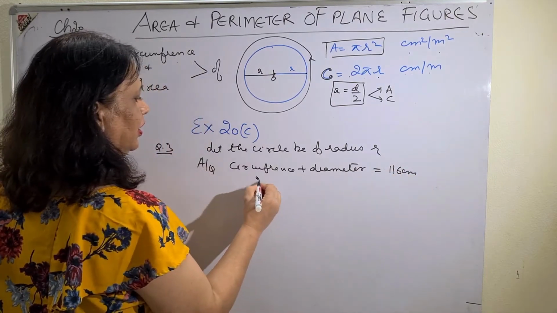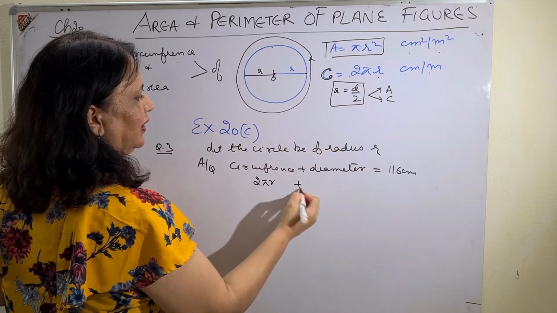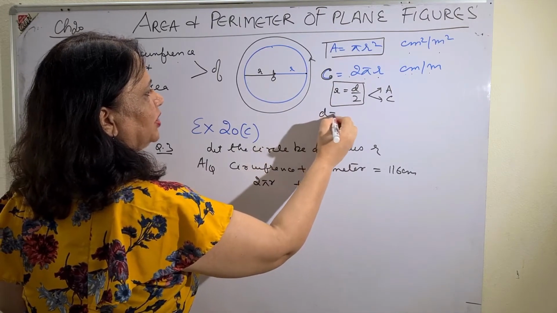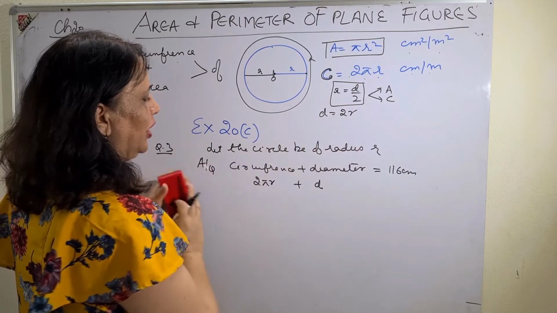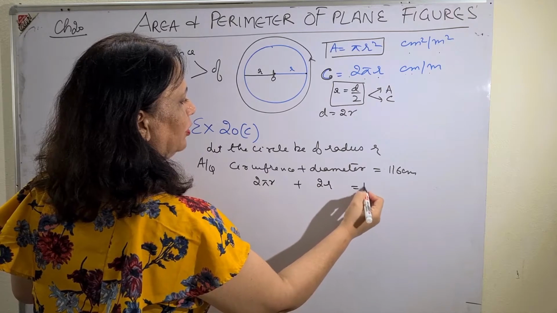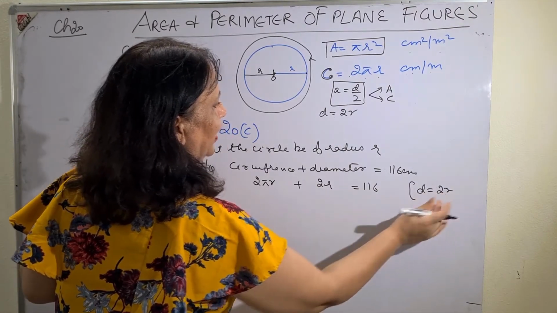So see children, 2 pi r is the formula for circumference. Diameter is d, but you know d is twice the radius. So I am going to write here 2 pi r plus 2r is equal to 116. If you want to, you can write d is equal to 2r at the side.